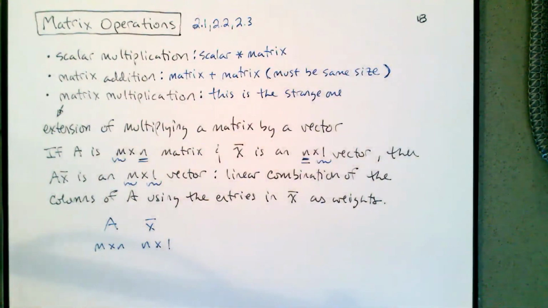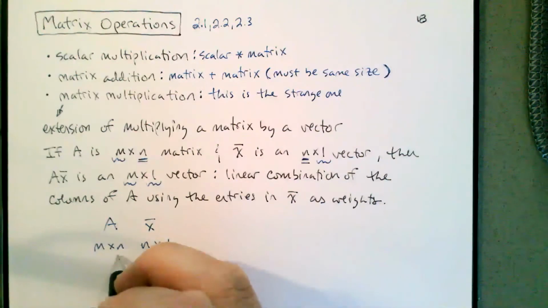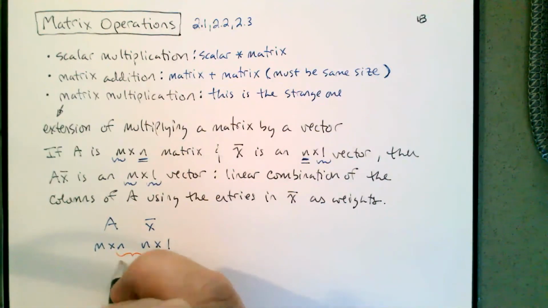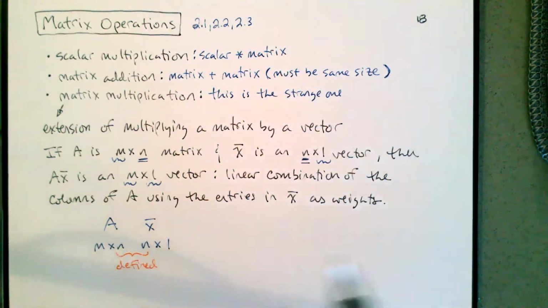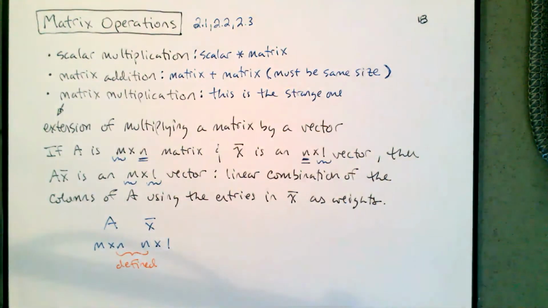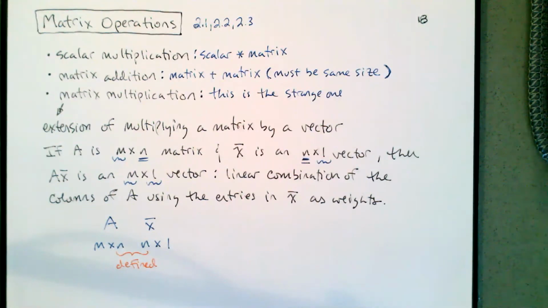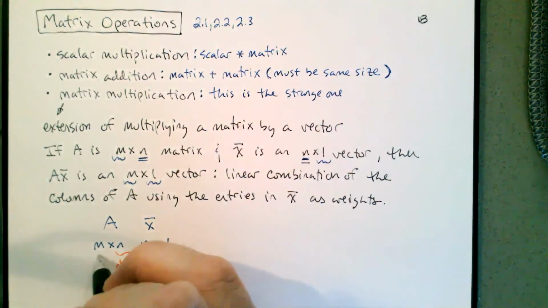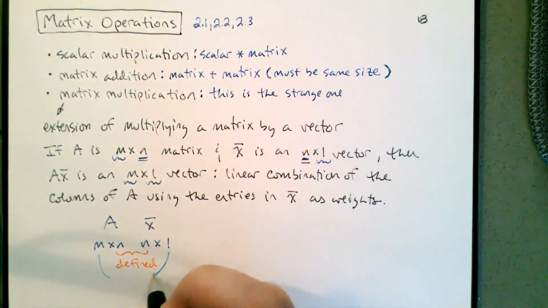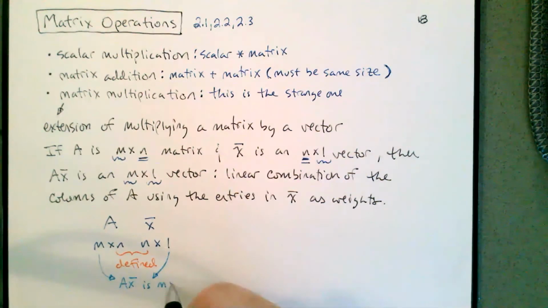The two on the inside have to match for the product to be defined, and then the outside will give you the size of the product. And that makes sense, that AX is the same size as the columns of A, because we're making a linear combination of the columns of A.